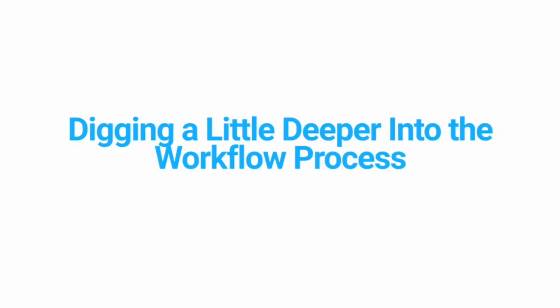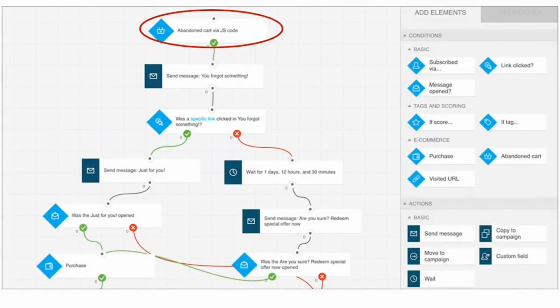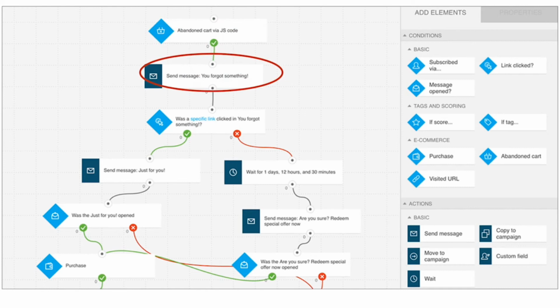Now, let's dig a little bit deeper and understand the workflow process in a marketing automation campaign. This chart shows you that if you have a prospect who's on your website and they're just about to buy a product but they abandon their shopping cart, you can know that information and then send them a customized series of messages based on their behavior. So, for example, you'll send them a message that says, hey, you forgot something.